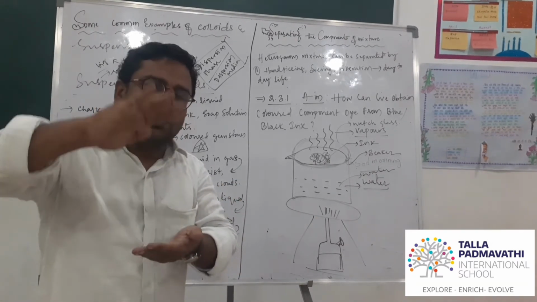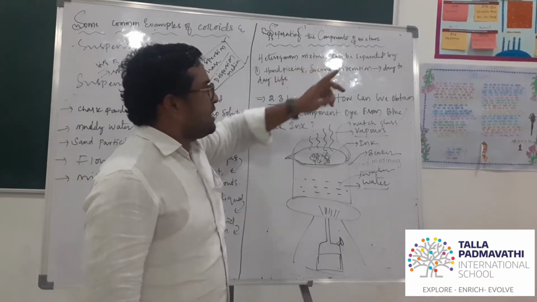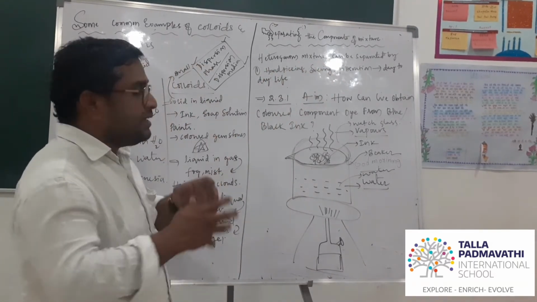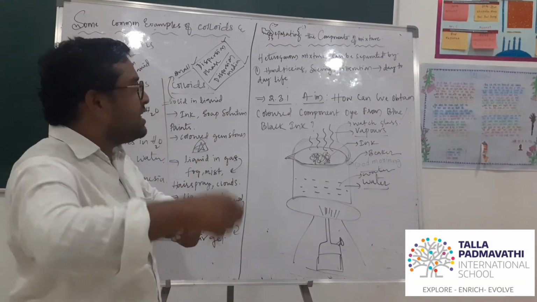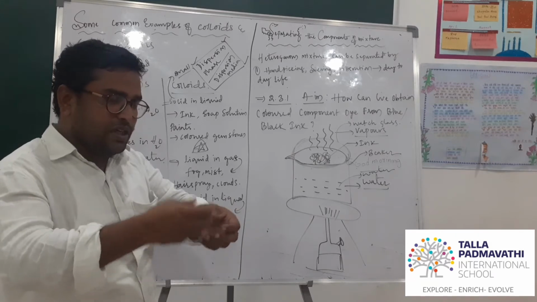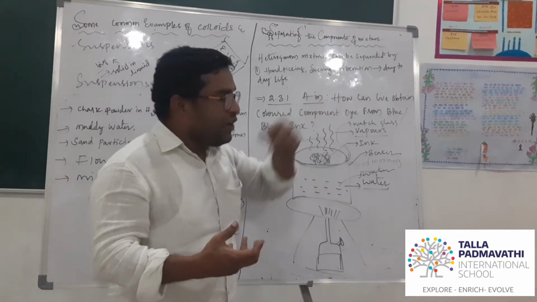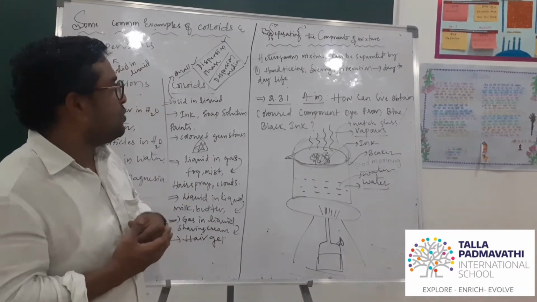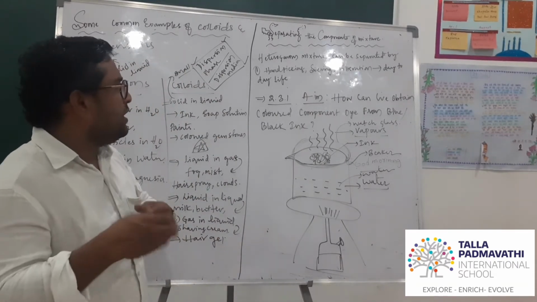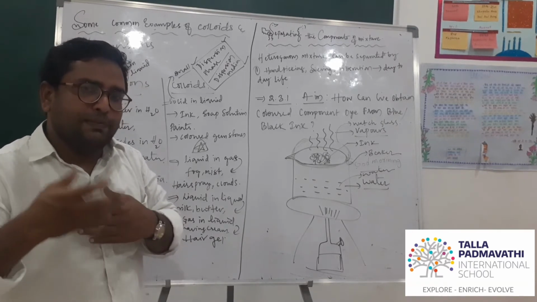Colloids look homogeneous, but they are heterogeneous. A heterogeneous mixture can be separated by hand picking or sieving. Sieving means filtering. Sieving and filtration are the best examples from day-to-day life, where we use different techniques to separate substances.